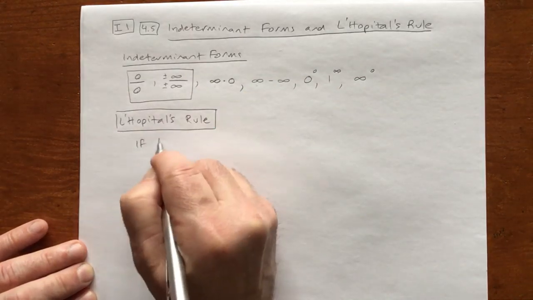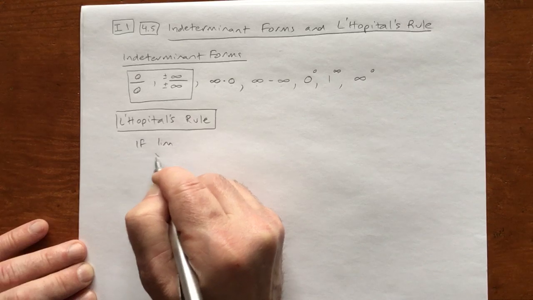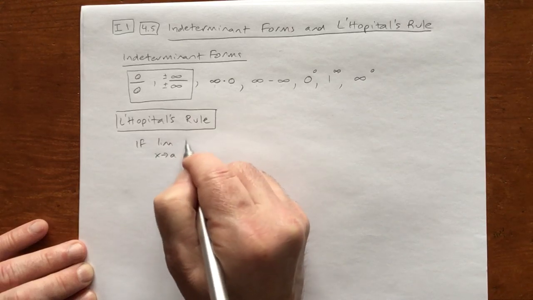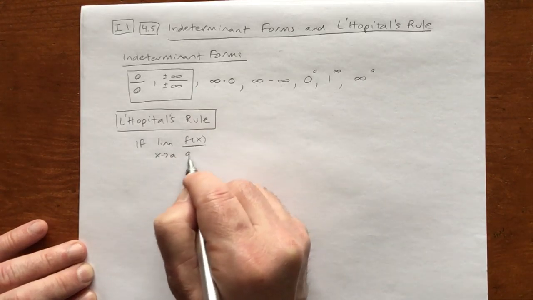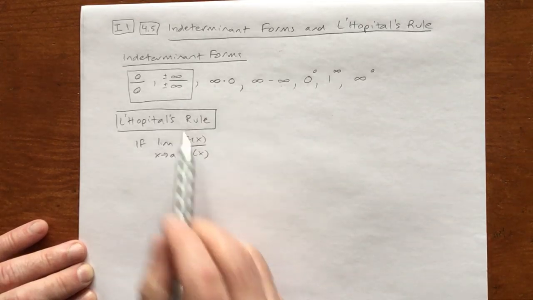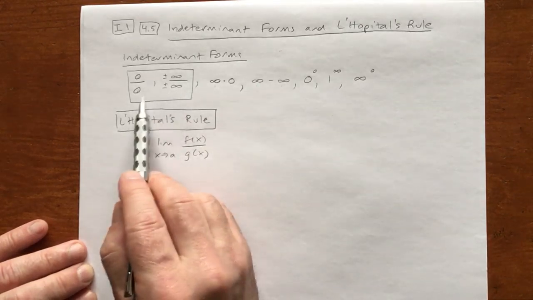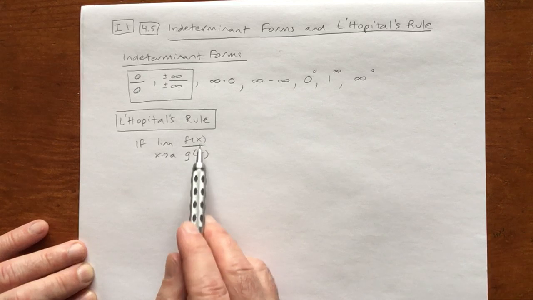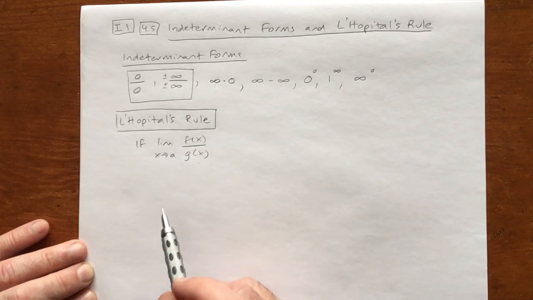So if I have the limit as x approaches a of some function divided by another function, you can see that we're dealing with a fraction. Maybe it's a rational function or something like that.